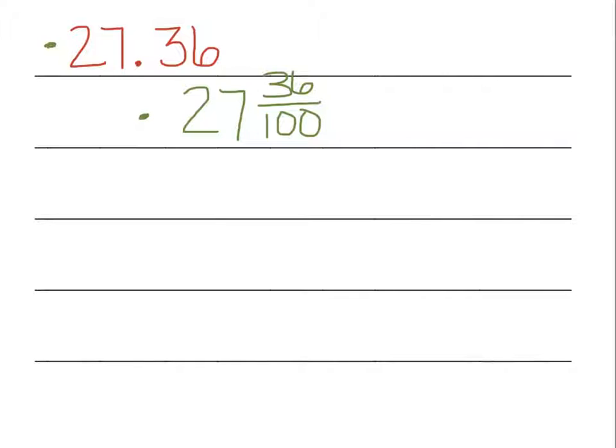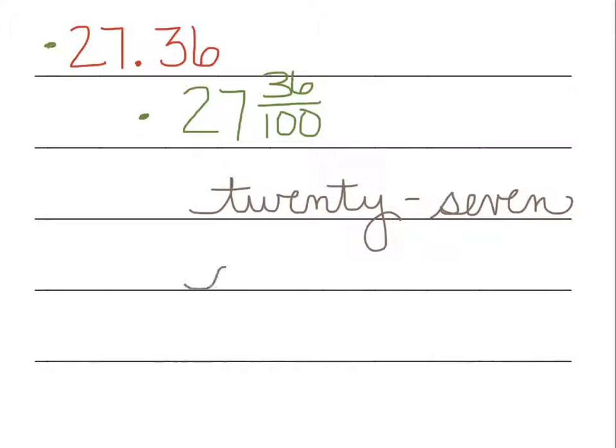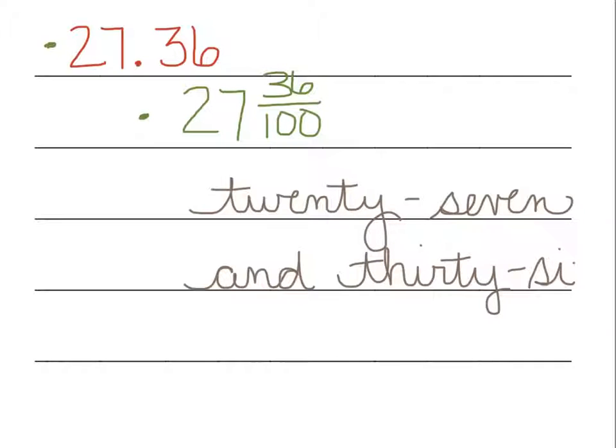And then finally we would write it out in words, and we would have 27, and, remember that and is the decimal, and 36 hundredths.